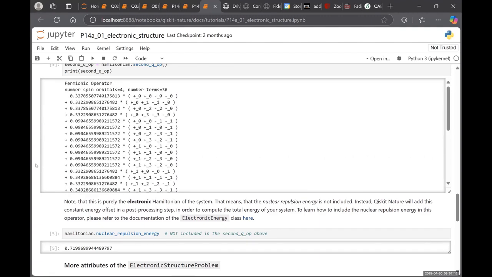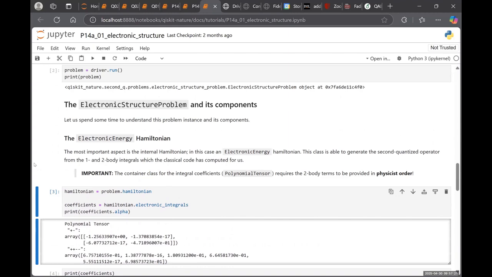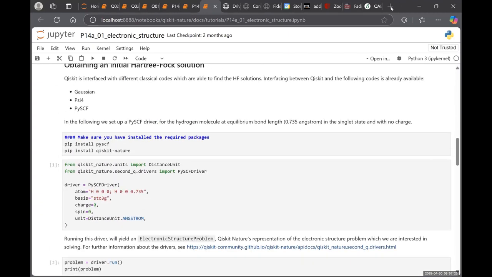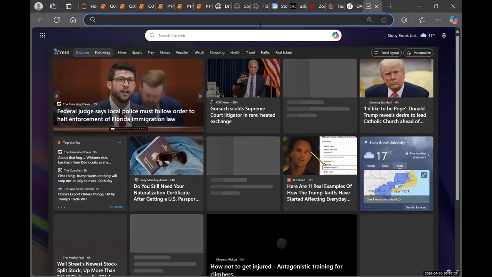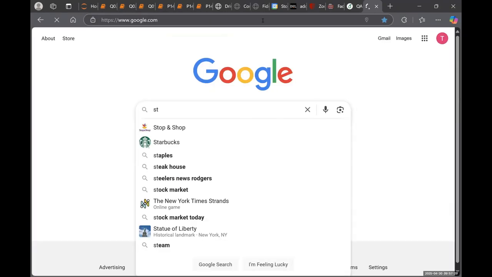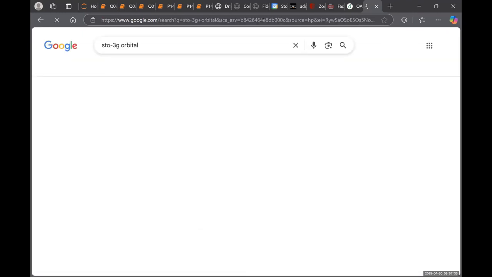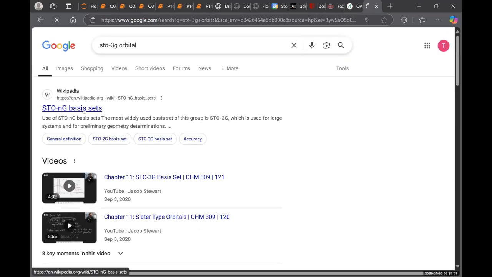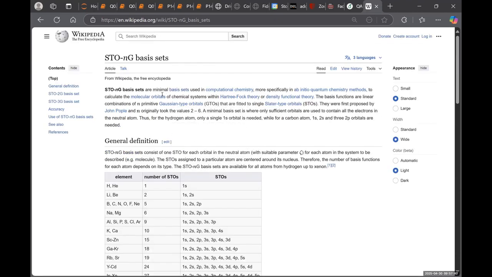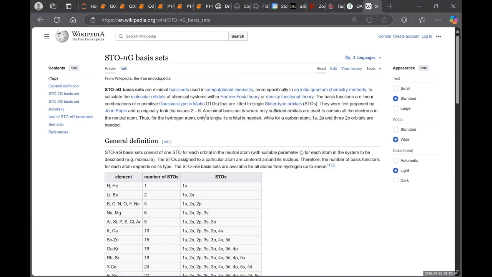If you have a more complicated molecule, you might get something different, and it also depends on the basis. You can look at STO-3G. There's the STO-NG basis, the minimum basis set in quantum chemistry.